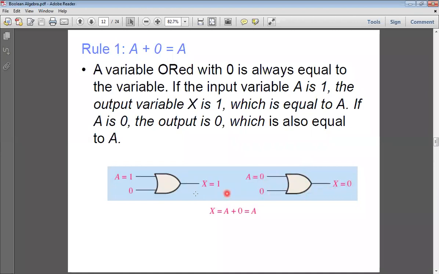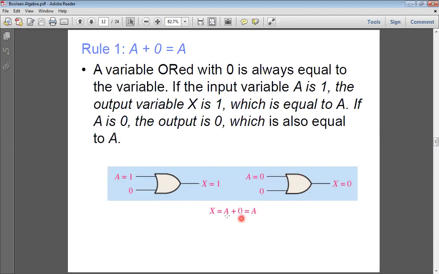So what we have noticed is, irrespective of the second input 0, the output is following the A variable. Whatever A takes on, the output is following A. If A is equal to 1, output is equal to 1. If A is equal to 0, output is equal to 0.